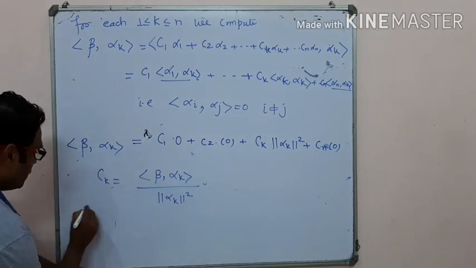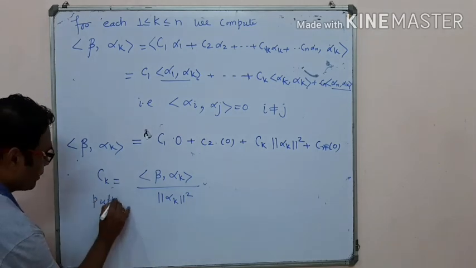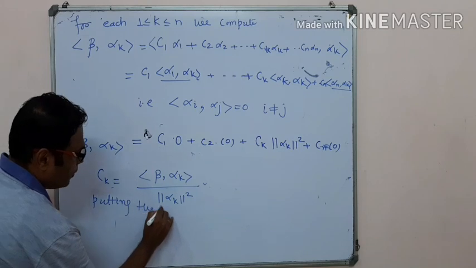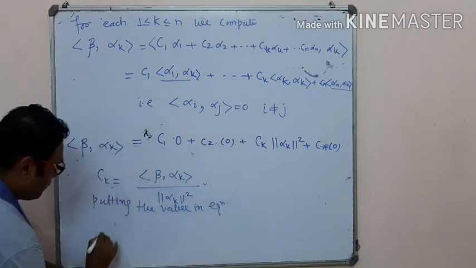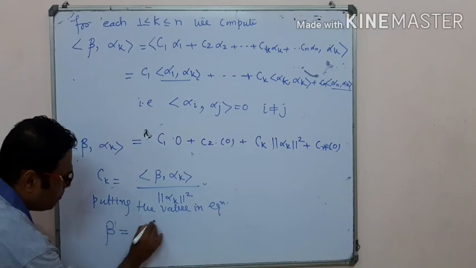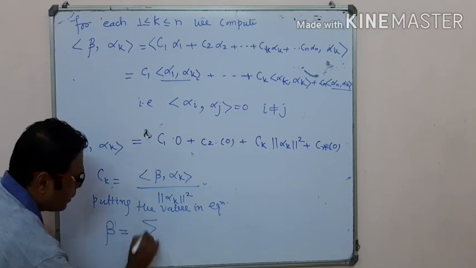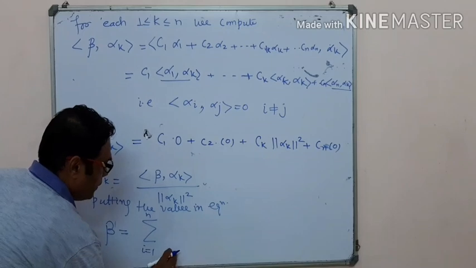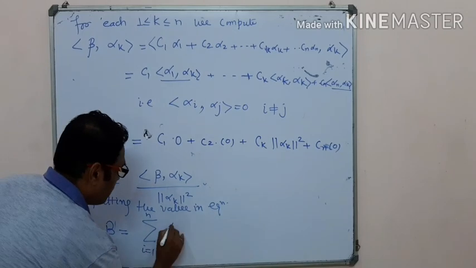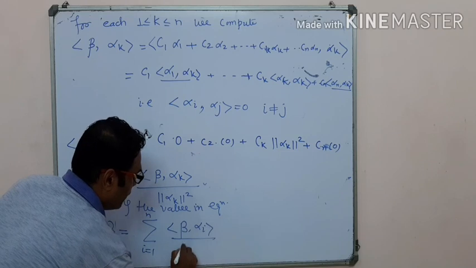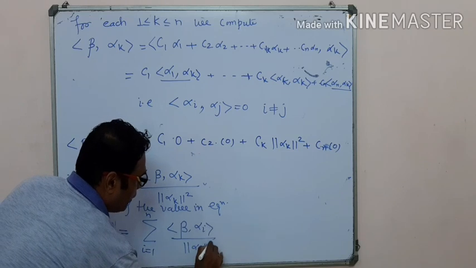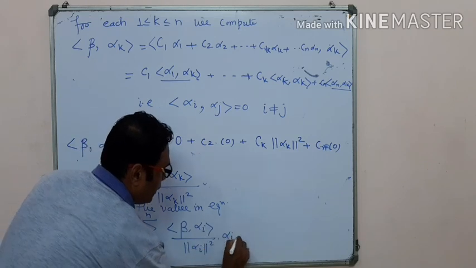Now we substitute the value in equation number 1. Then beta can be expressed as the summation from 1 up to n of Ci, which can be written as the inner product of beta comma alpha i whole divided by norm of alpha i whole square, multiplied by alpha i.